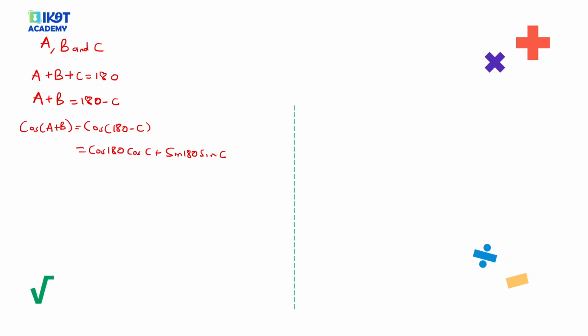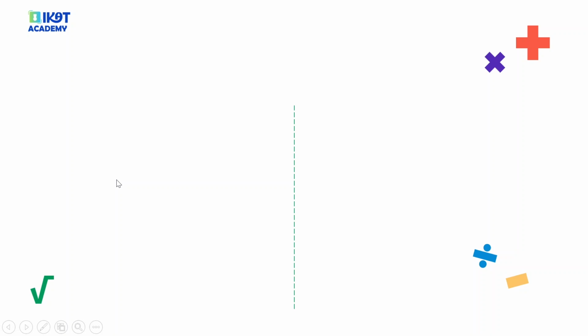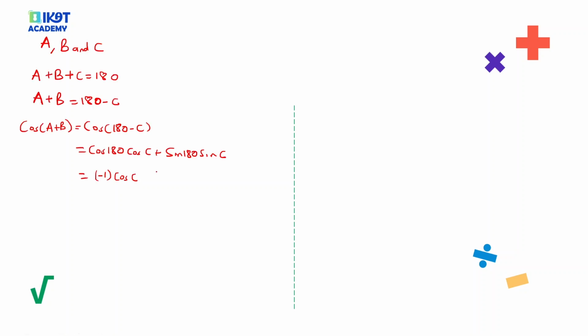I'm simply doing this so that it becomes very simple for us. This is equal to negative 1 cos c, and then sin 180 is 0, so the entire thing is 0. So this is negative cos c. So we have cos of a plus b is negative cos c.